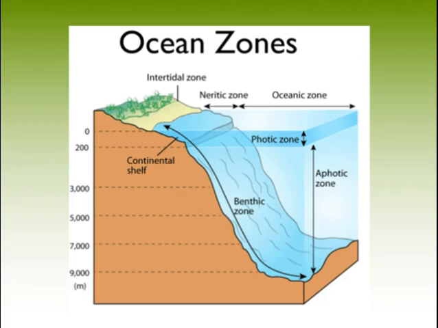This diagram shows you the general location of the different zones. So you can see there the beachy areas referred to as the intertidal, between high tide and low tide. The neritic is the little area off the continental shelf in the shallower area. Then you go out to the oceanic, top of the oceanic being the photic zone, the bottom being the aphotic zone, and then of course all of the bottom of the ocean is the benthic zone.